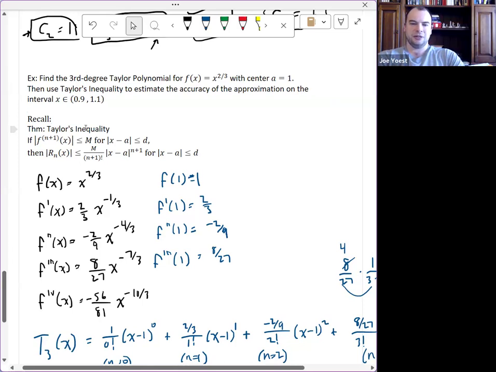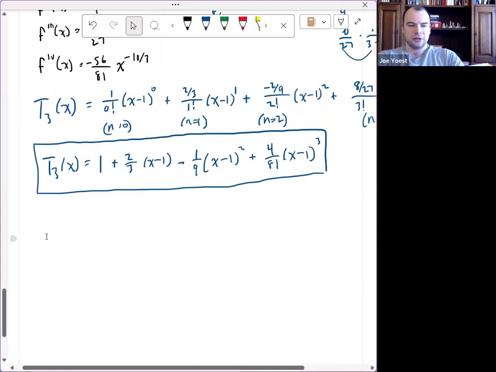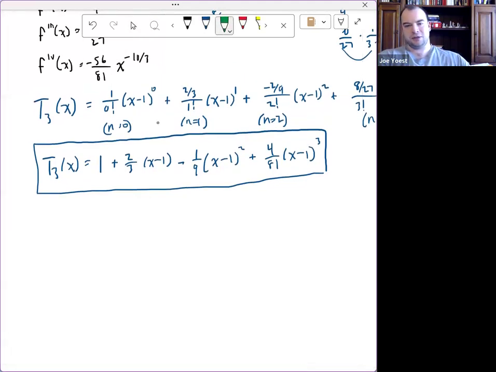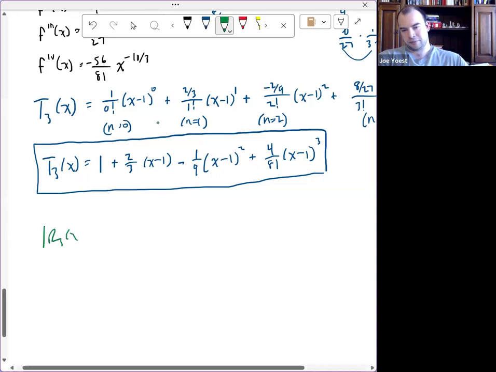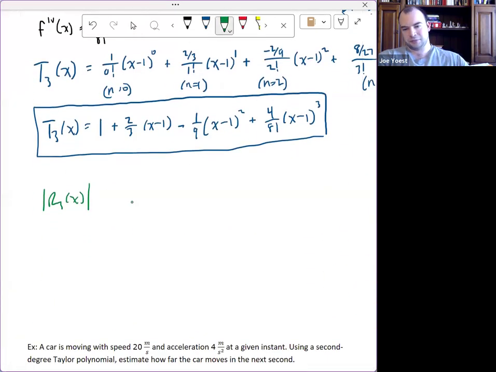So that's an estimate, but an estimate isn't all that valuable if we don't have bounds on the errors. Okay, so let's look at the remainder. The remainder in absolute value is bounded above by some number over n plus 1 factorial. Well, n equals 3, so the next factorial is 4 factorial. The thing on top is related to the fourth derivative.